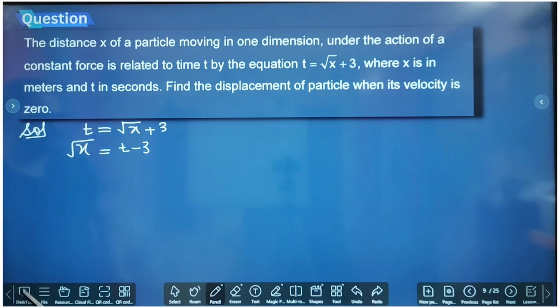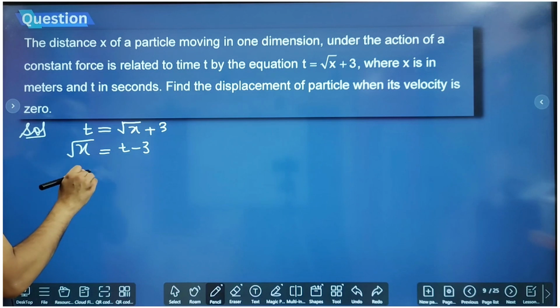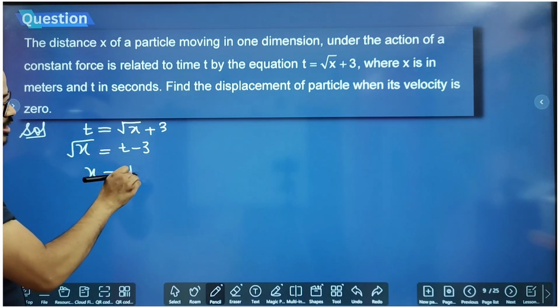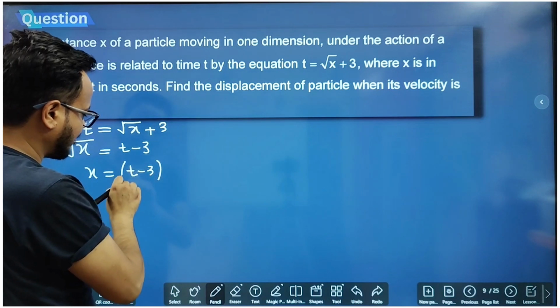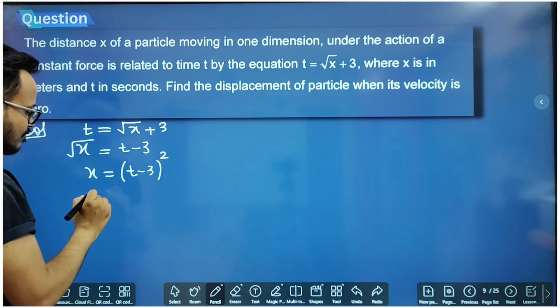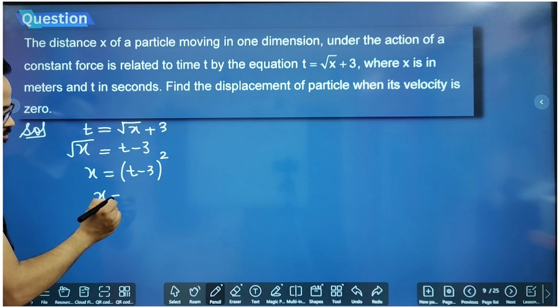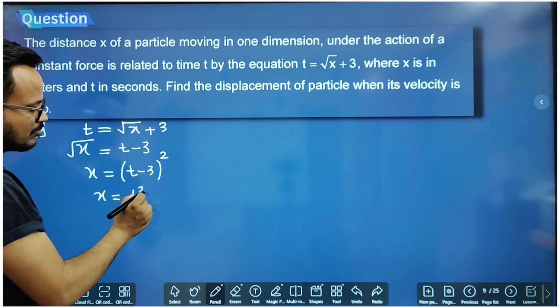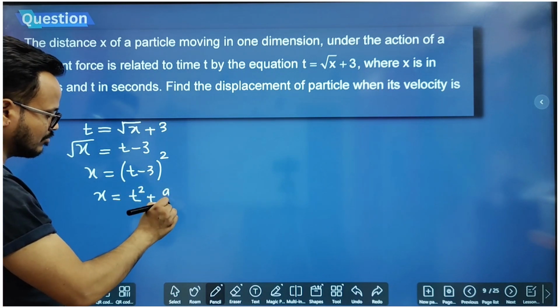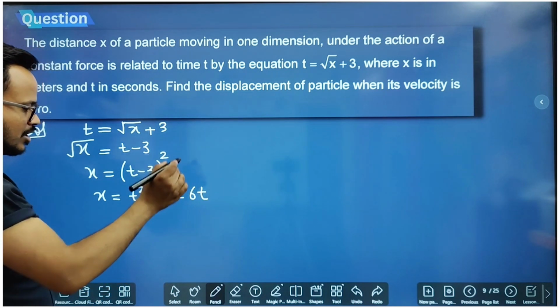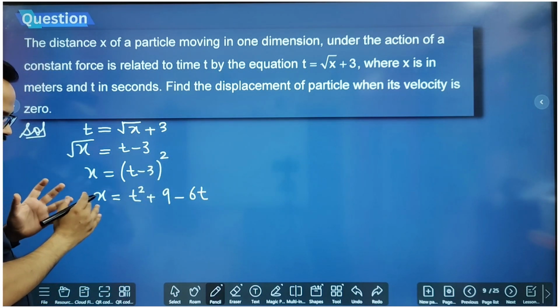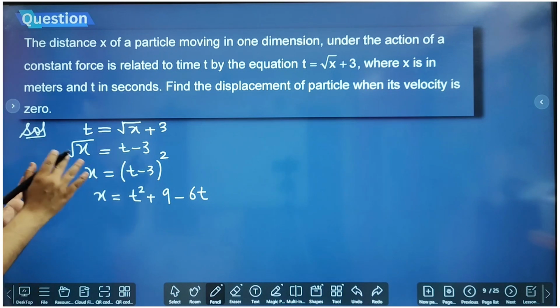This 3 is shifted on the left hand side. Now eliminate this root by taking square of both sides. Now this is x, which is a function of t.